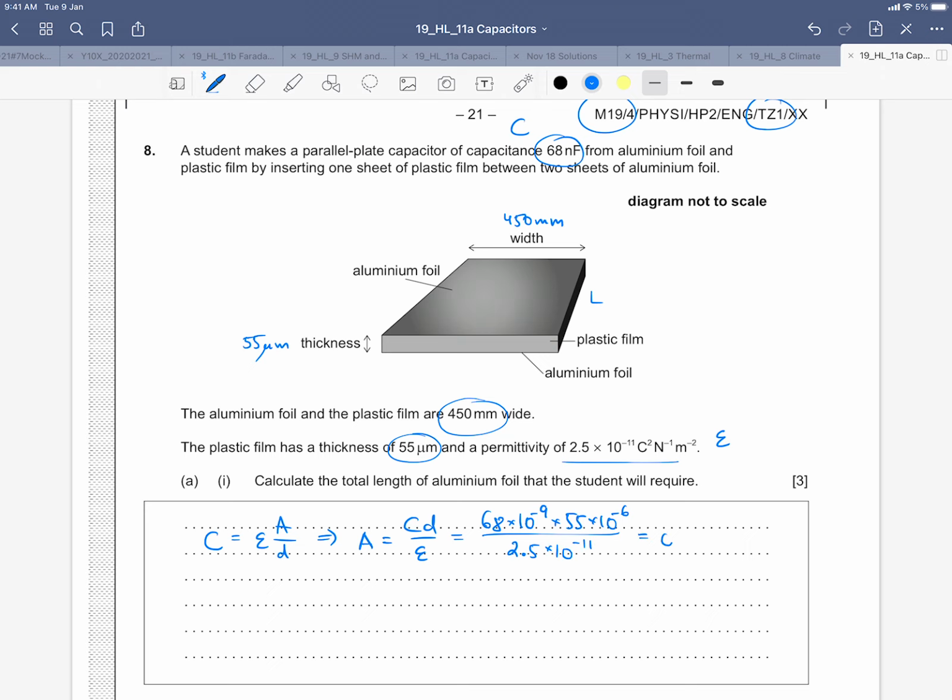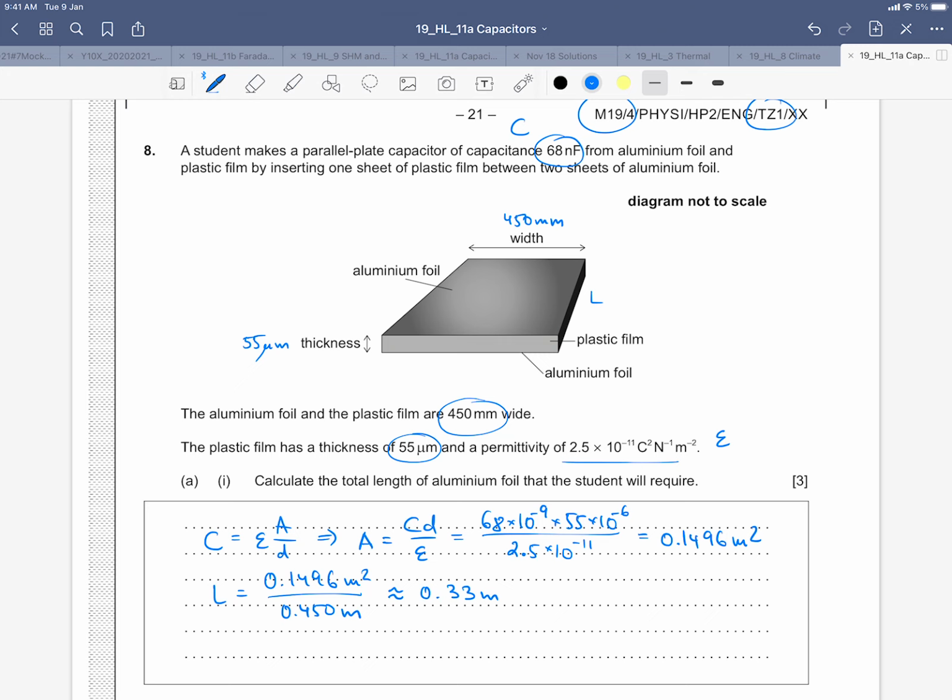And what we get here is something along these lines. So plug that into your calculator. So that's the area, and of course that's width times length. So the length is going to be the area divided by the width, which is 0.450 meters, and then you get roughly 0.33 meters.